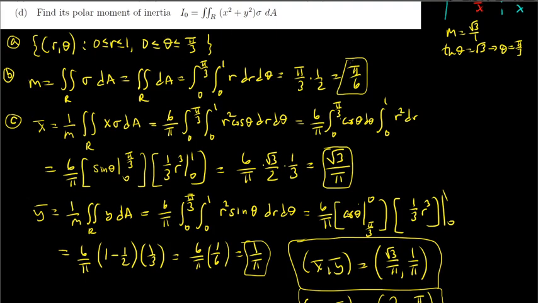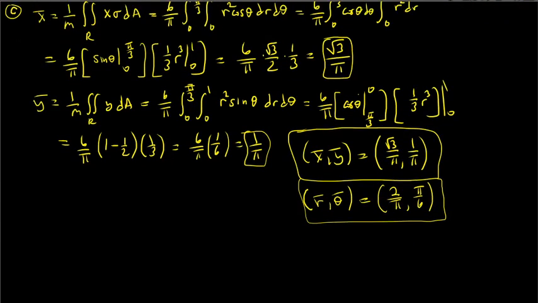And for part D, find the polar moment of inertia. Right, so that's just the integral of r squared dA, and that's r dr d theta. So, of course, you're going to get r cubed now, dr d theta.